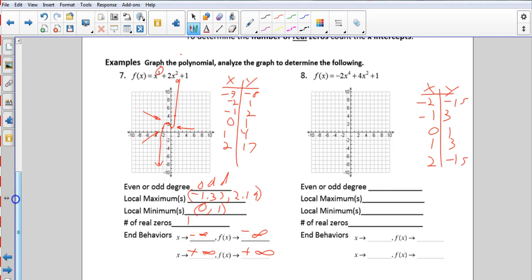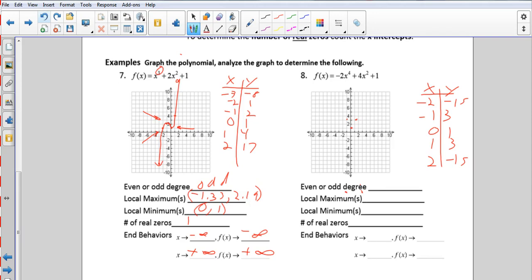So we put on what we can: -1, 3; 0, 1; 1, 3. The 2 is going to be down here around -15, right around there, and -2, -15, right around there.